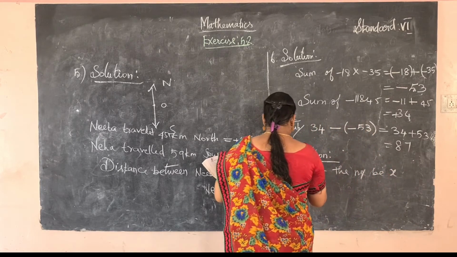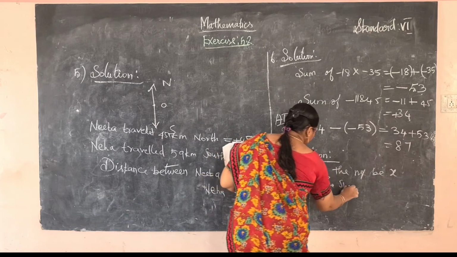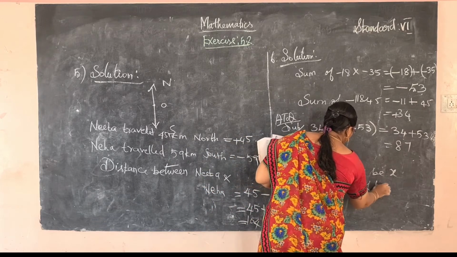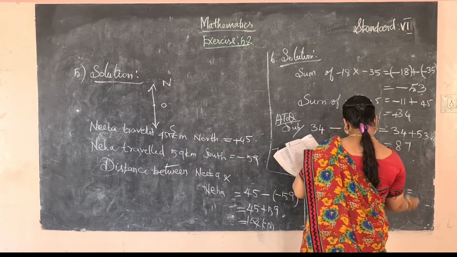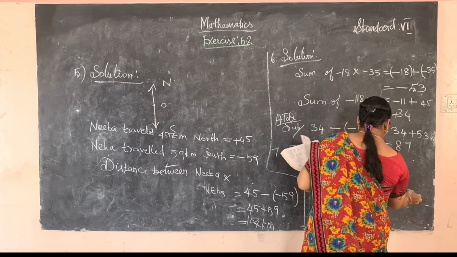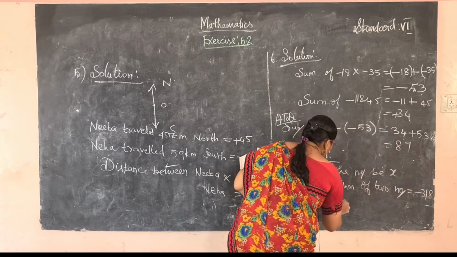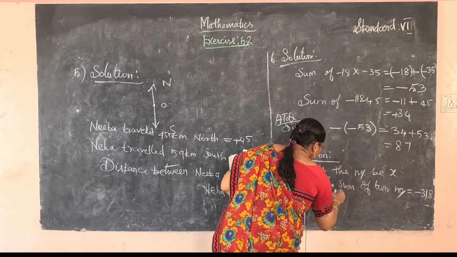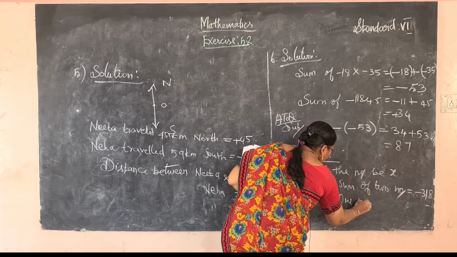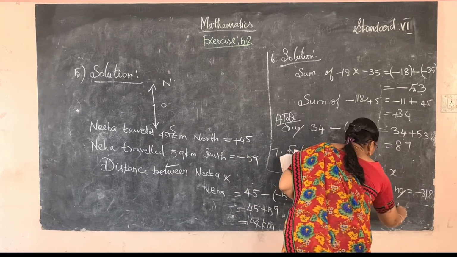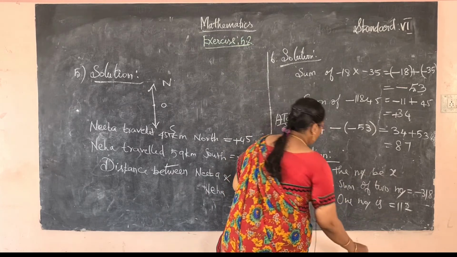Okay, given the sum of two numbers is equal to minus 318. Okay, so one number is 112.